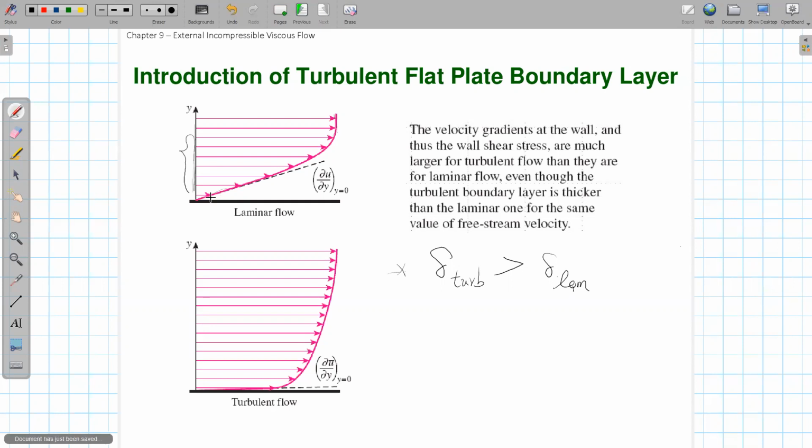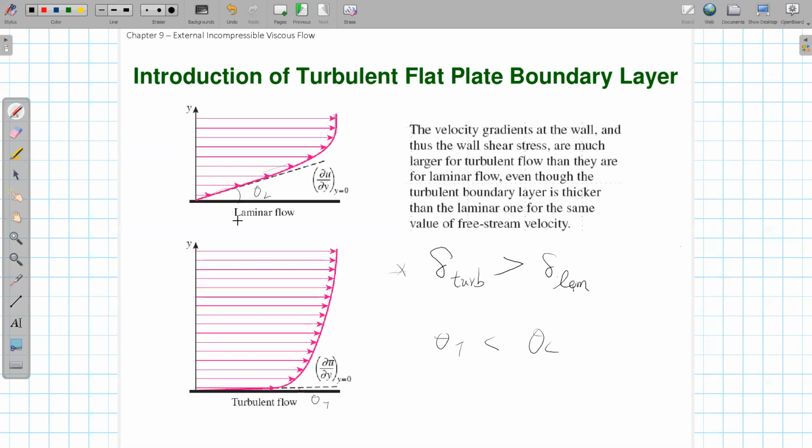If you calculate the velocity slope at y equal to 0, that is, partial u, partial y at y equal to 0, the slope is this angle, which I'll write as theta of laminar. If you look at the turbulent boundary layer profile, the slope of partial u, partial y at y equal to 0 is this angle theta of t. So theta of t is much smaller than theta of l.